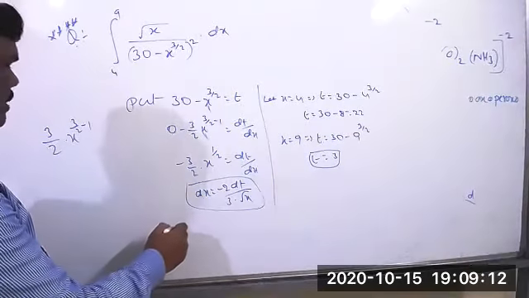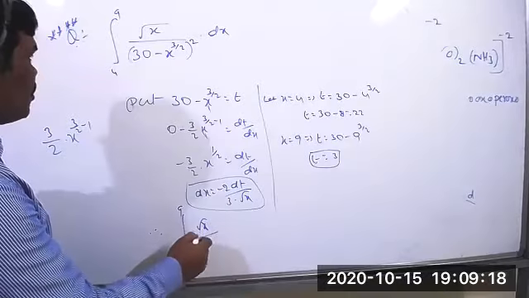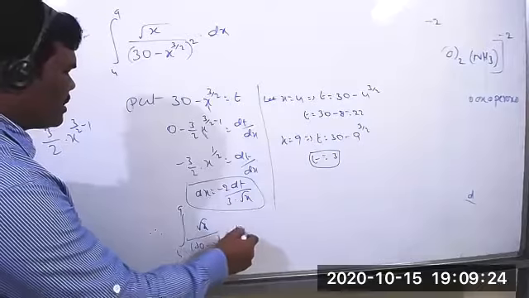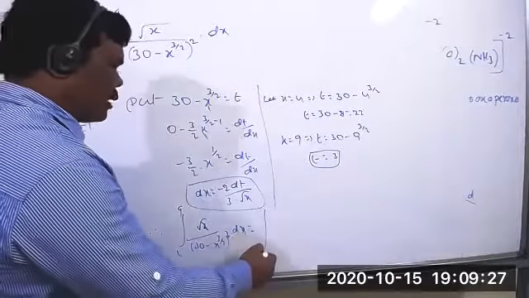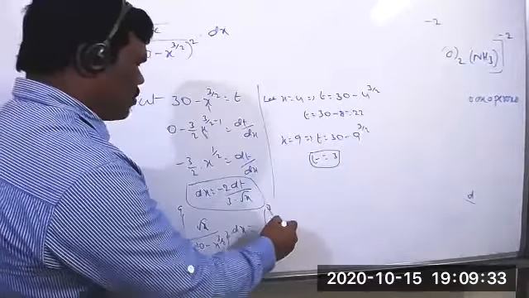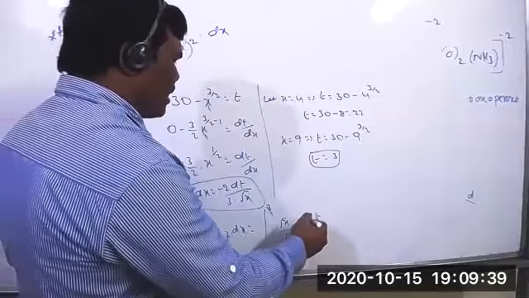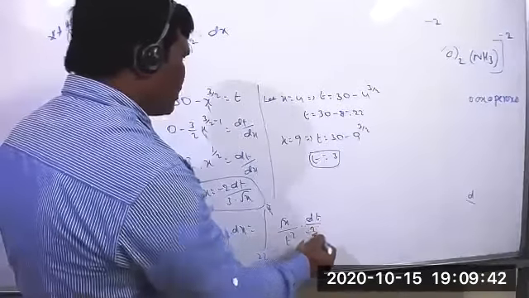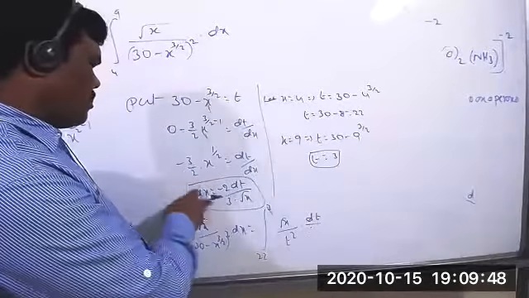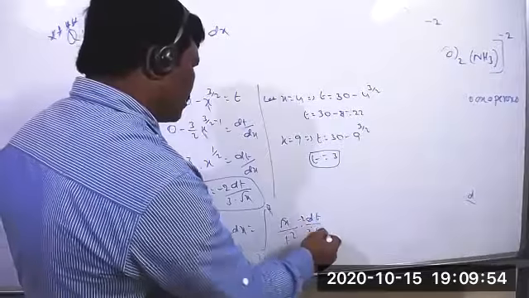Therefore, integration of 4 to 9 root x by (30 minus x power 3 by 2) whole square into dx equals, now, 22 to 3, root x by t square into dt by, sorry, into minus 2 by 3 root x. Taking the reciprocal of minus 3 by 2 gives minus 2 by 3 into root x.